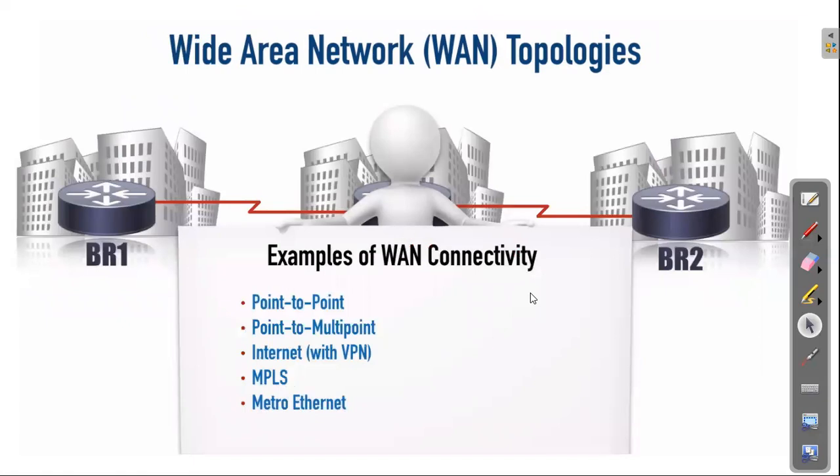Examples of WAN connectivity: point to point, point to multipoint, internet with VPN, MPLS, Metro Ethernet. These are the technologies of WAN. Point to point, it is directly connected. Point to multipoint means it will be connected from one router to different routers.